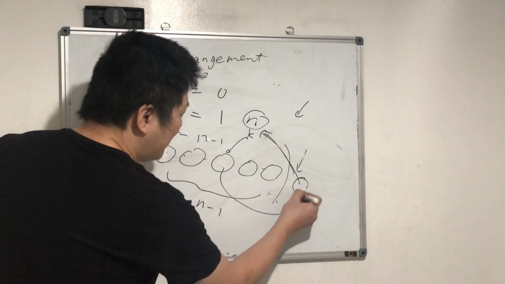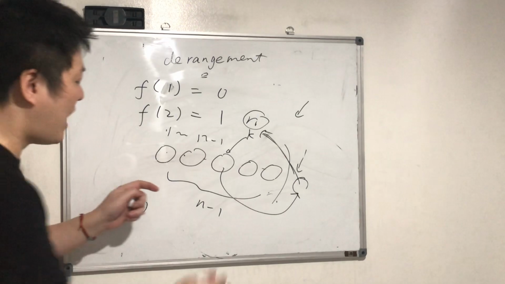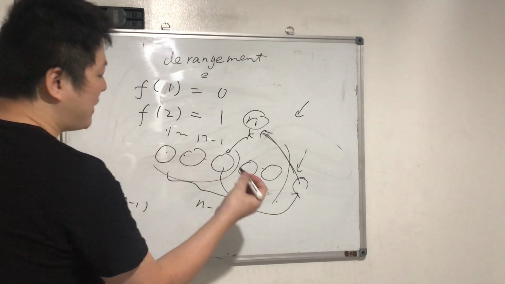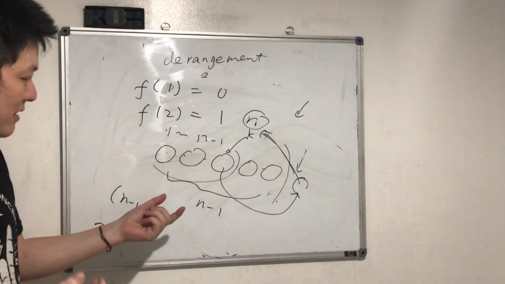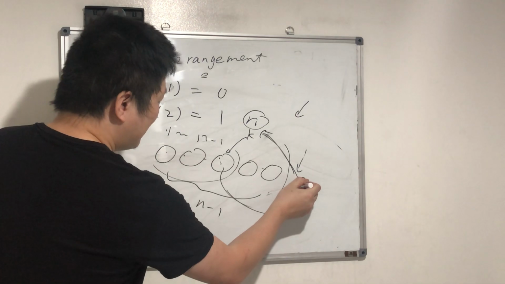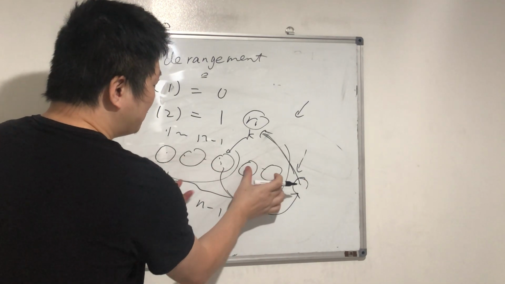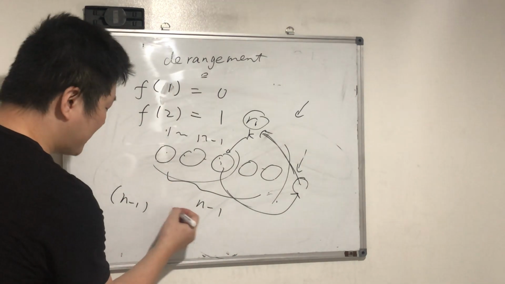If I put n here and k there, how many solutions are there of this kind? There are n minus 2 remaining numbers, so Fn minus 2.